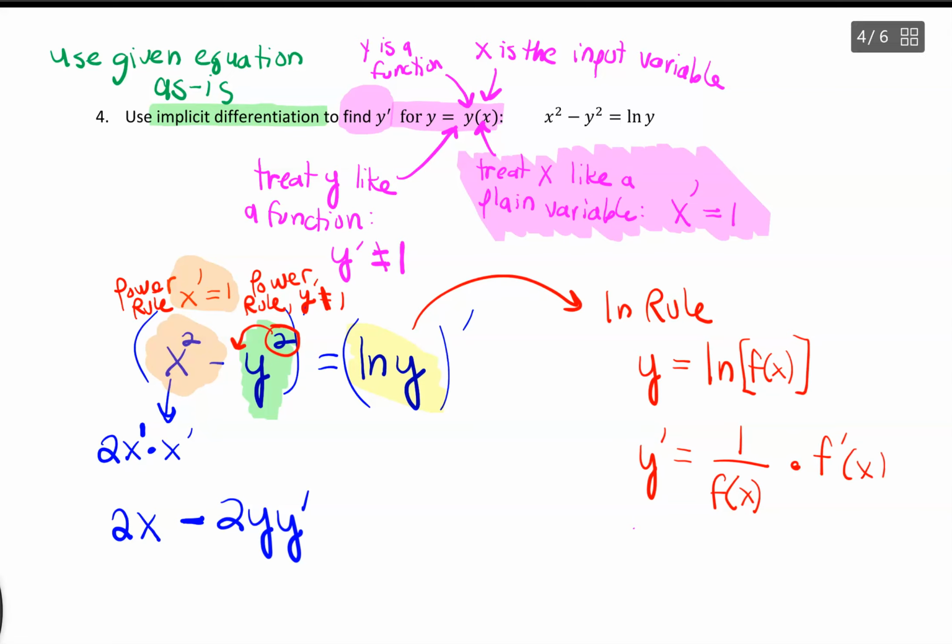Okay, so when I come over here to do this, if I have ln of y, my derivative rule sends the y to the denominator. Then I tack on the derivative of the argument. And I know that y prime is not going to be a 1, so I'm going to leave it there.